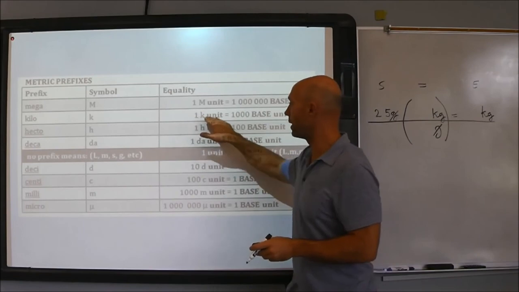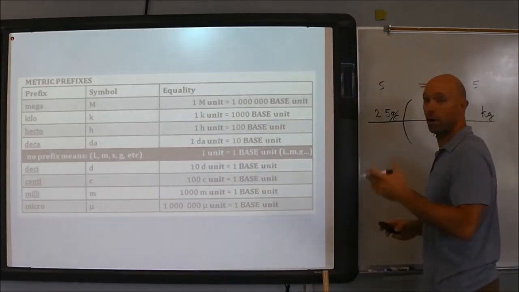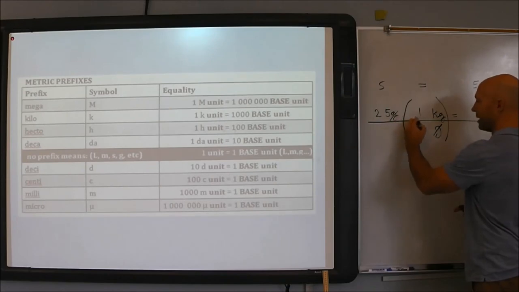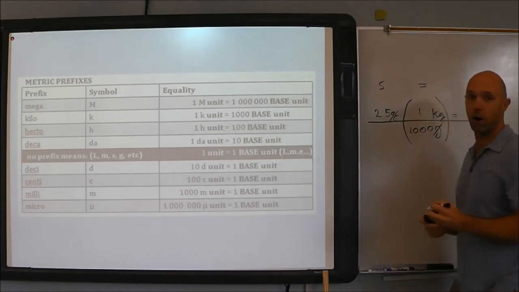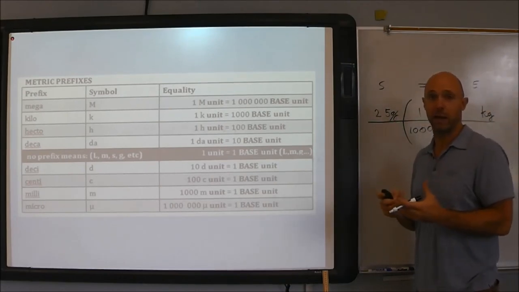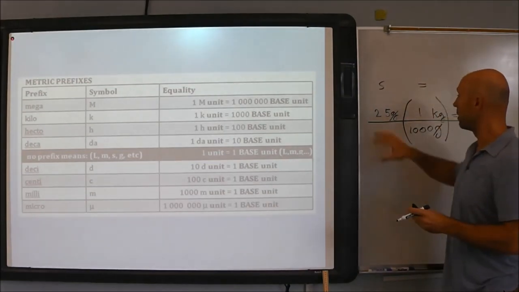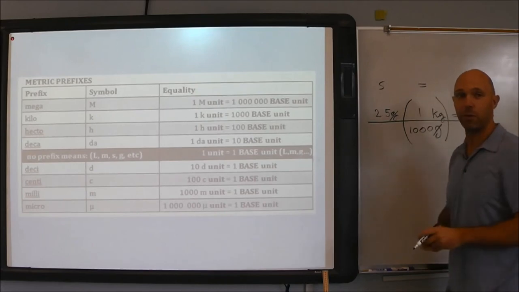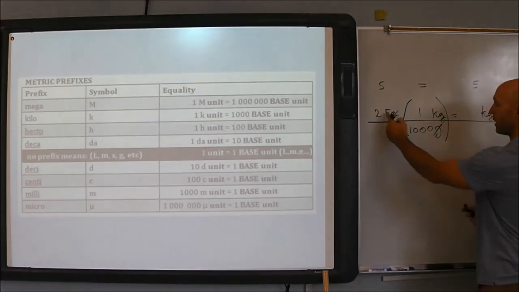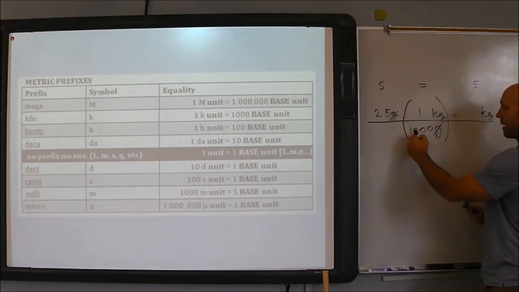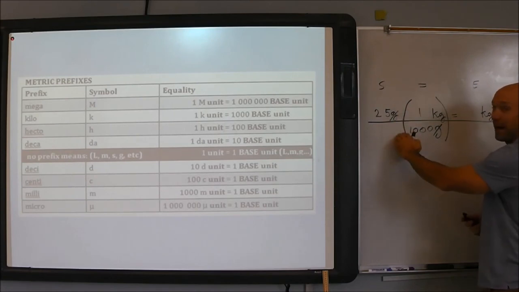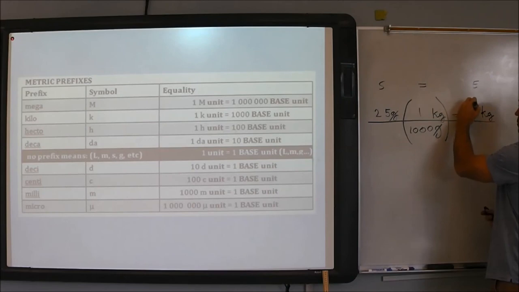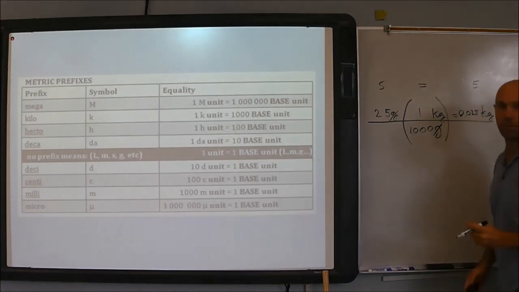So back here, 1 kilogram is 1,000 grams. Those are equal. Divide them and you get a 1, which makes it legal for us to take 25 grams times 1 and end up with the same thing. 25 divided by 1,000, right? Things on the top are divided by things on the bottom, and we get 0.025 kilograms.